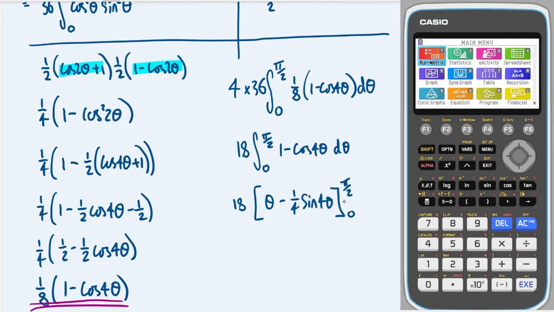Okay, when I sub in pi over 2, first off, pi over 2 goes in for theta, and pi over 2 times 4 is 2 pi, and sine of 2 pi is 0, so that bracket is done. Then subbing in 0, I'm going to get 0 minus, and sine of 0 is 0, so that gives me 0. So overall I get 18 pi over 2, which is just 9 pi.